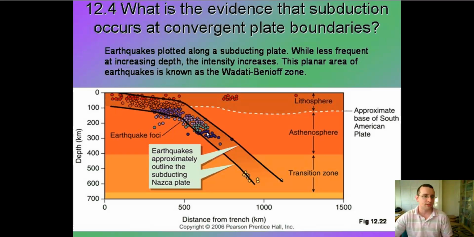So earthquakes can actually be used as evidence of a subduction that's taking place, because we don't see the subduction happening, we only see the trench. And so how can you tell there's actually a plate underneath there? You can tell because you can see that the earthquakes are deep underground and form the shape of the subduction zone that you're expecting.